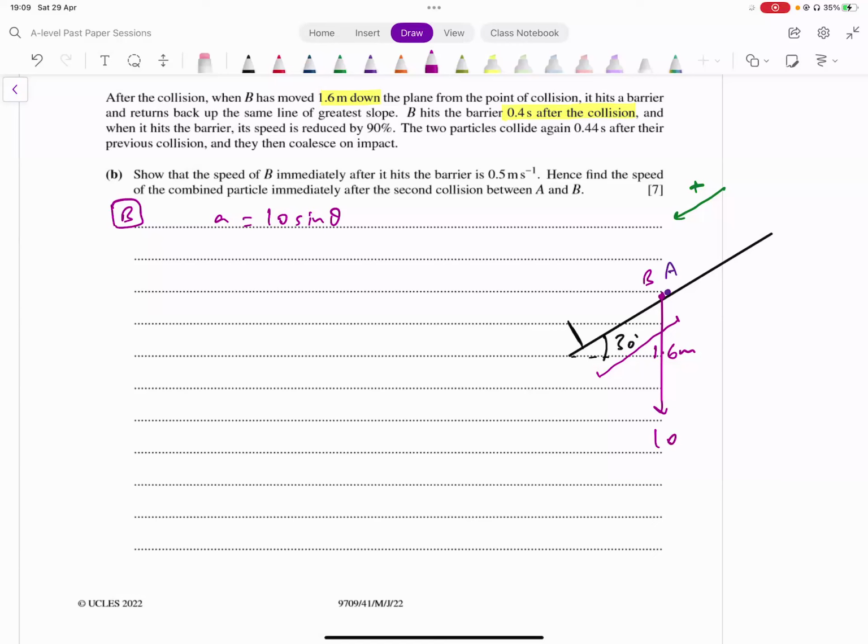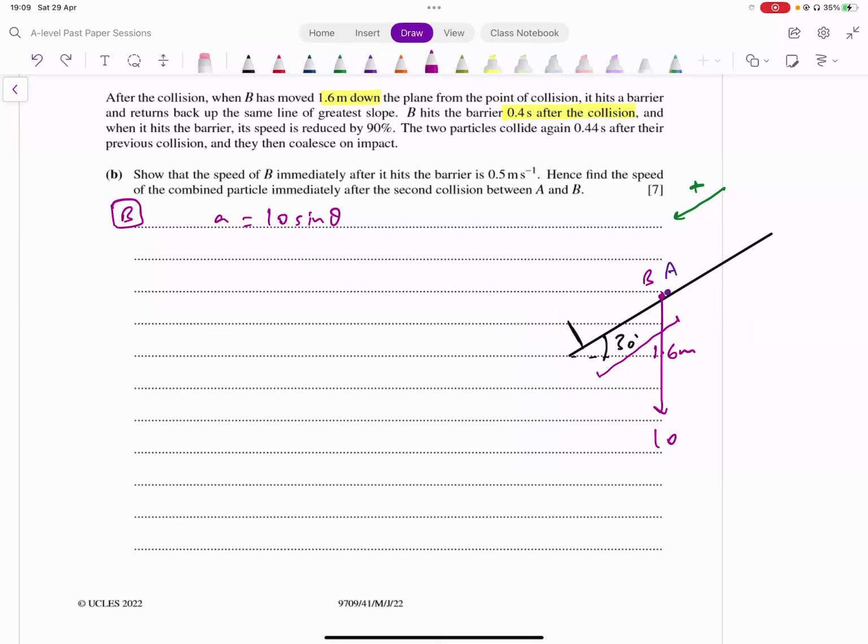Okay. And acceleration is a vector quantity. उस 10 का component find कर लें आप plane की direction के अंदर, तो कितना आएगा? That's going to be 10 sin 30, right? Because this angle 30 is the angle of the plane, theta is the angle of the plane, तो ये 10 sin 30 हो जाएगा, ठीक है?